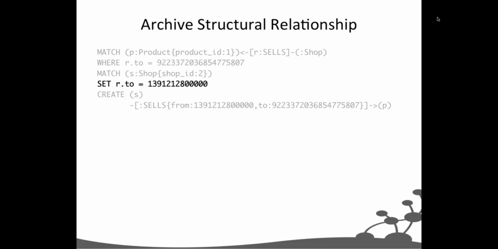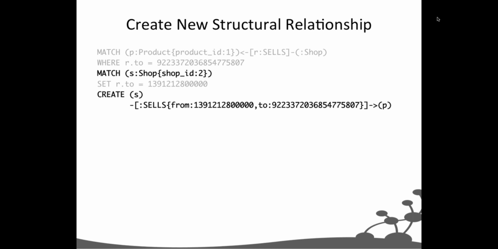And then a little later on in the query, we're closing off that period. Previously, the to and from property values on that relationship were effectively saying this is the current relationship, it has no upper bound. But now we're closing it off. We're saying, look, on the 1st of February, this relationship stopped being valid. Okay?